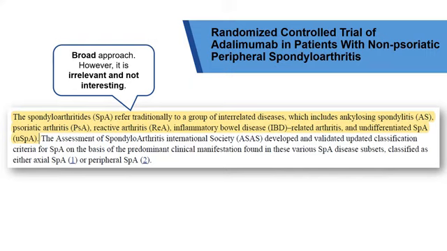However, it's irrelevant and it's not interesting because they are stating all the diseases under SPA, and that's irrelevant because we already mentioned the type of patient we are going to talk about. So it should just be general about that type in specific rather than stating all other types.